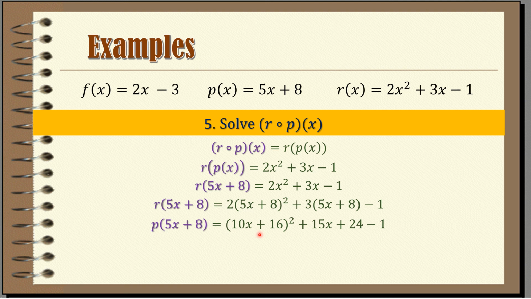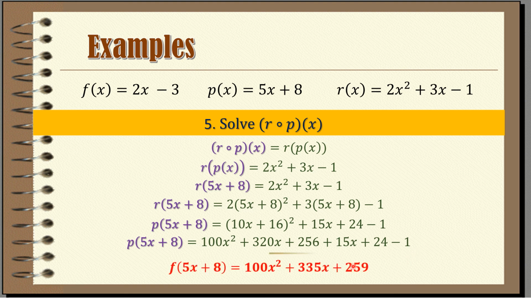And then with this, since it has an exponent, we're going to simplify it, expand. So that is equal to 100x squared plus 320x plus 256, plus 15x, bring down that, then plus 24 minus 1. Then we're going to combine the like terms. Since 100x squared has no like terms, we bring it down.